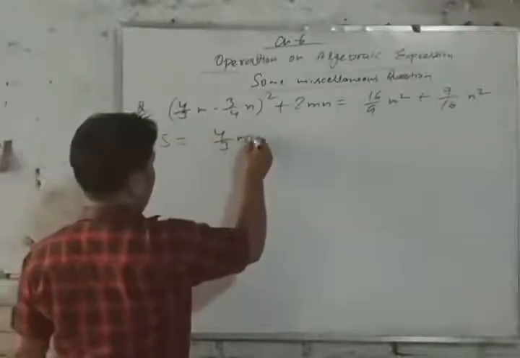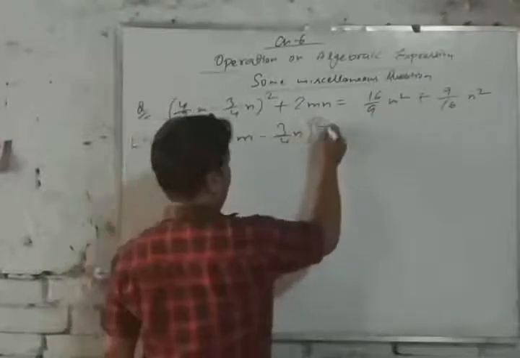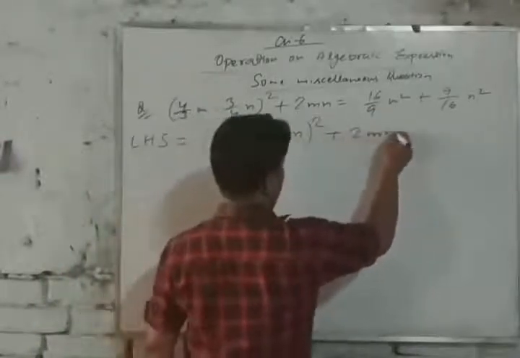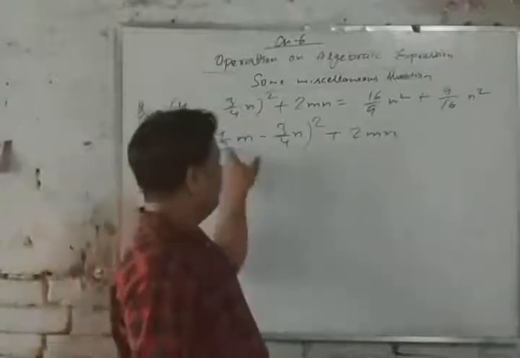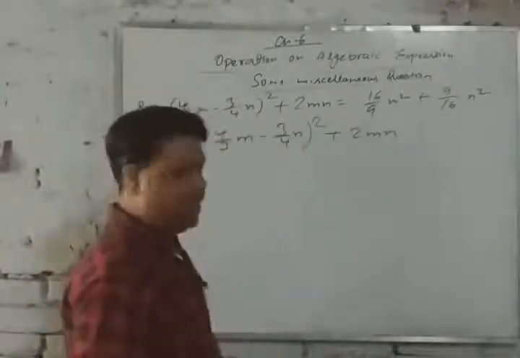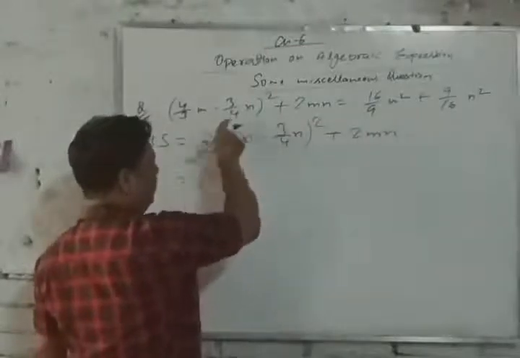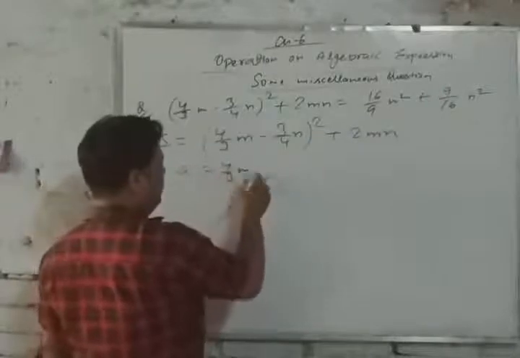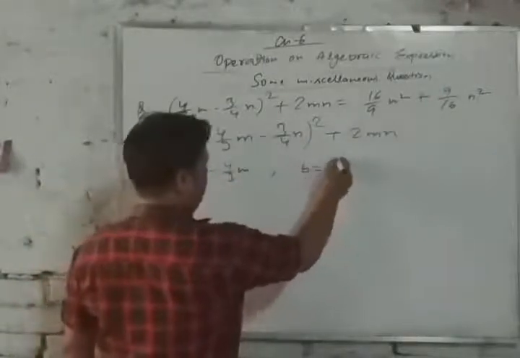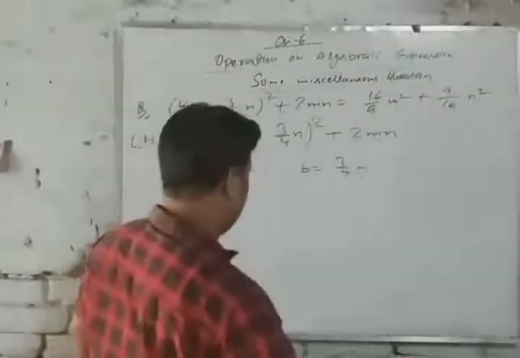4 by 3m minus 3 by 4n to the power 2 plus 2mn. Okay. Here we can say that it is in the form of a minus b to the power 2. Here in the place of a, it is written 4 by 3m, whole 4 by 3m. Thus we can say that a is equal to 4 by 3m and b is equal to 3 by 4n. But we will not write this a and b here. Okay.